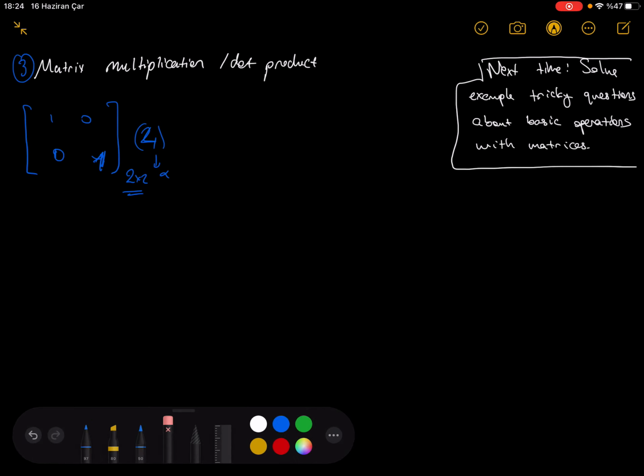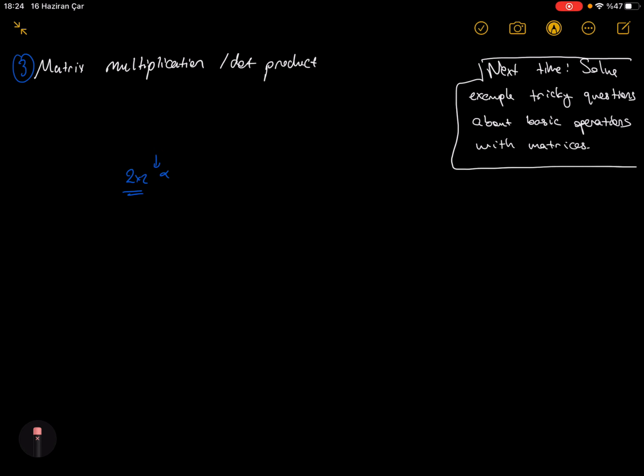Anyway, we covered them last time. Do not worry if you do not understand very well. After this presentation, we are going to solve some example questions to go over them, and some tricky questions that I encountered in the exam and was confused by at the exam moment.